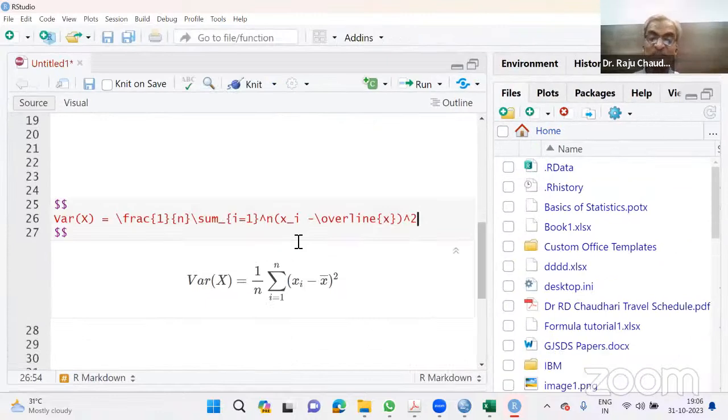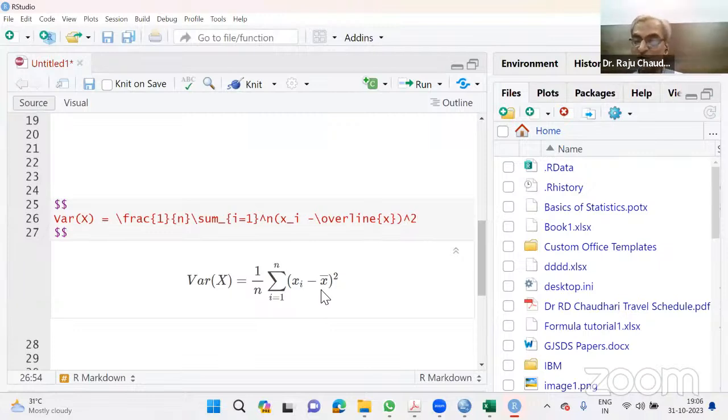Look at the formula: 1 upon n, summation of (xi minus x bar) squared. What are the xi's? Observations. What is x bar? The center value of the data. How does each observation vary, or deviate, from the center, right?